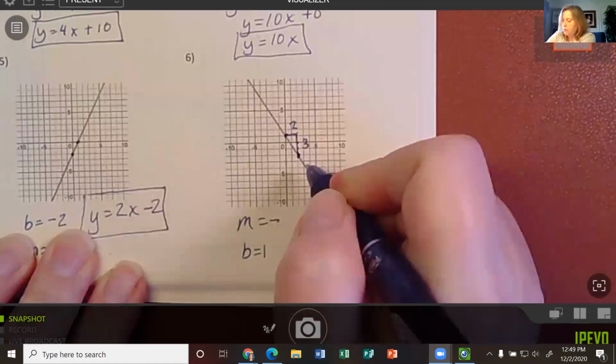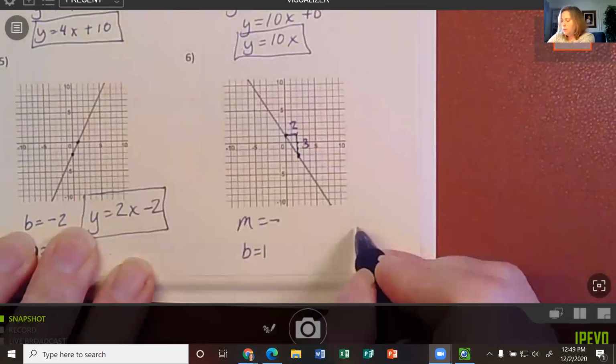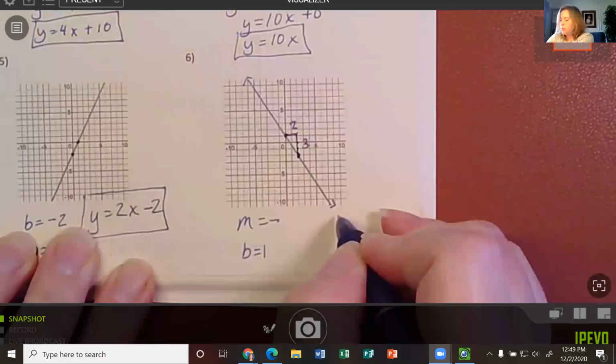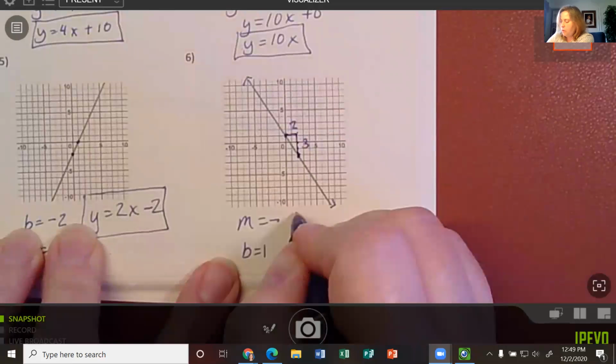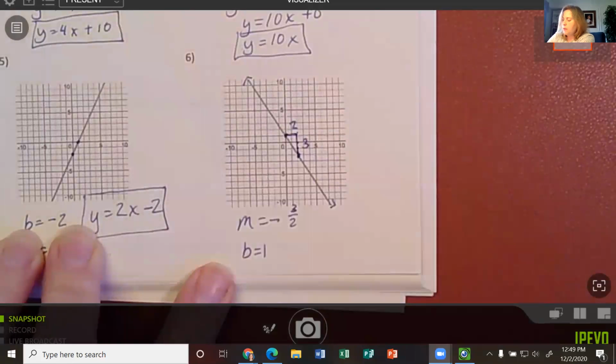So negative, because as we read it left to right, that line is falling. So our slope is negative 3/2, rise over run. There's your visual reference triangle, and our y-intercept is 1.